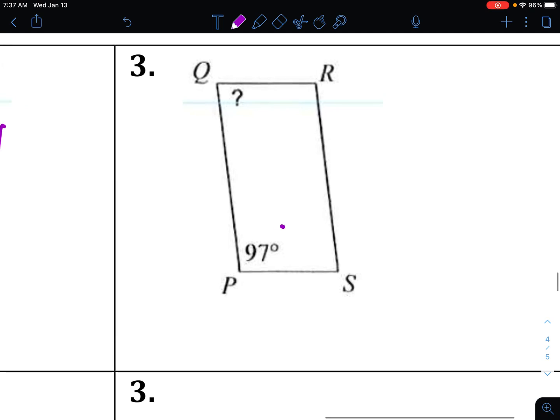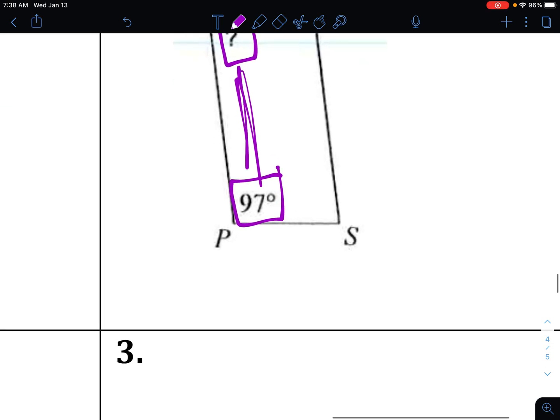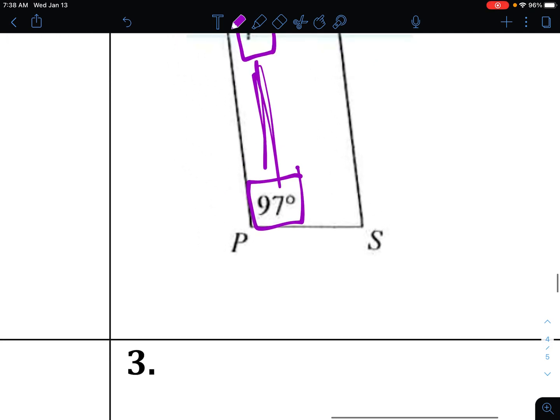And then number 3, they give us 97. Our question mark is here. 97 is a degree measure. So we are either using opposite angles are congruent or consecutive angles add up to 180. And what we have here is angles right next to each other in order, Q then P. So then that is adding to 180.